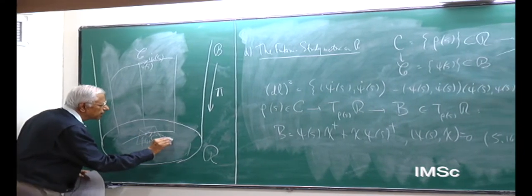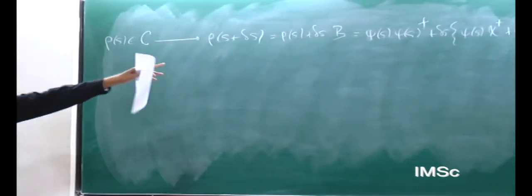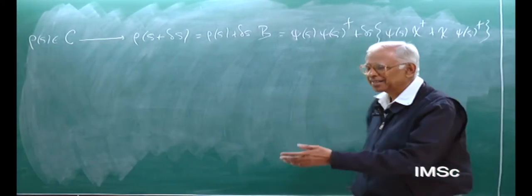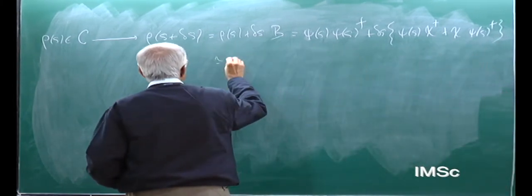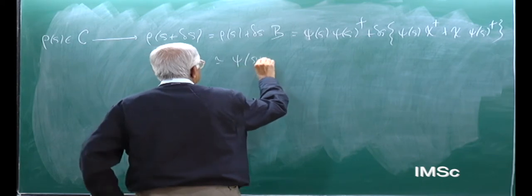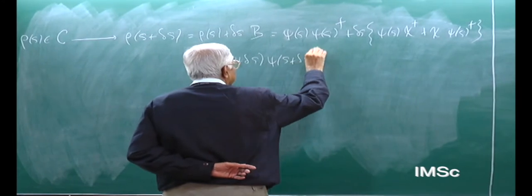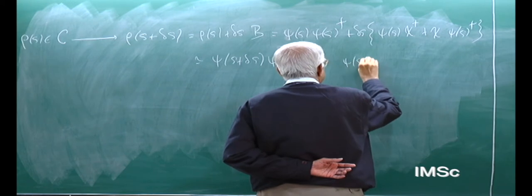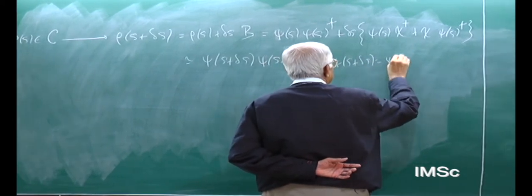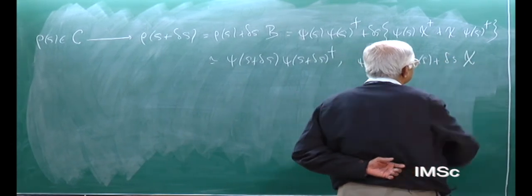So let us say it is here, s plus delta s. Now what is this? For what state vector is this the projection operator? You can see this is essentially, apart from quadratic terms in delta s, this can be written as shifted psi times psi dagger, where this is psi of s plus delta s chi.